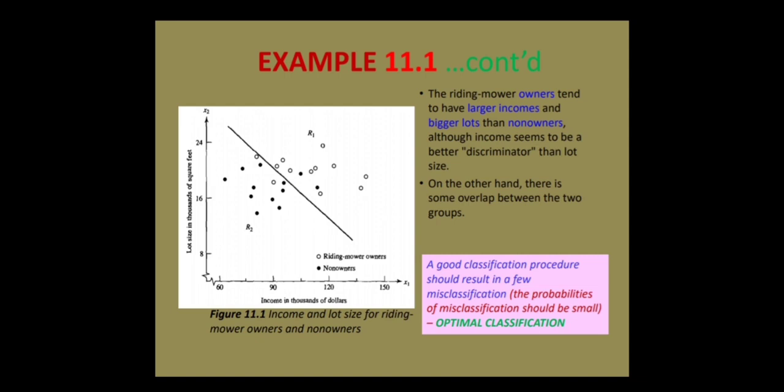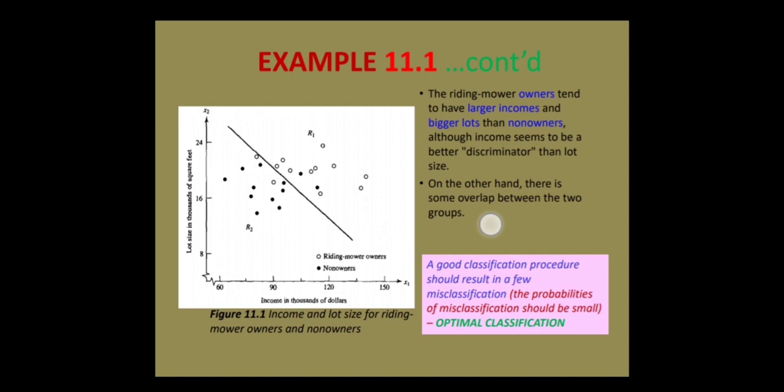So here we call this incorrectly classified. Okay, some of the owners, these two, would be incorrectly classified as non-owners, and also the non-owners will be incorrectly classified as owners.